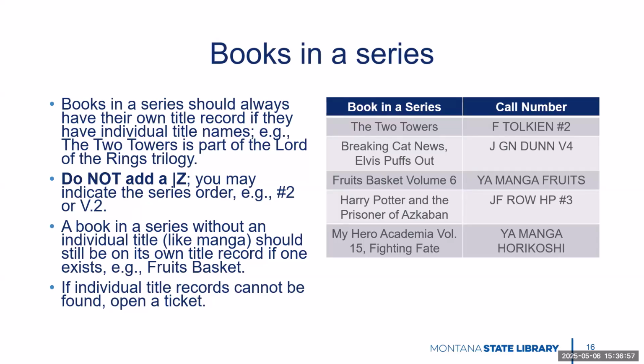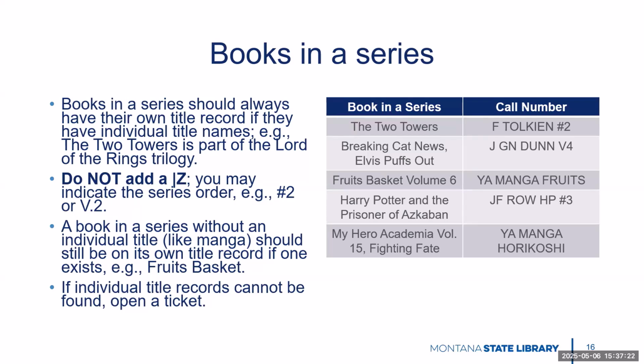If items in series do not have individual titles, it is still recommended to have them on their own title record if one exists. This can be particularly useful for manga. For example, Fruits Basket does not have individual titles for each volume, but there is a separate record for each volume in our system.